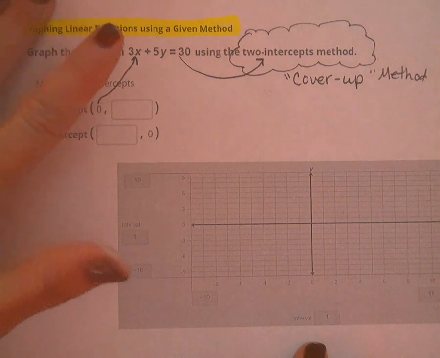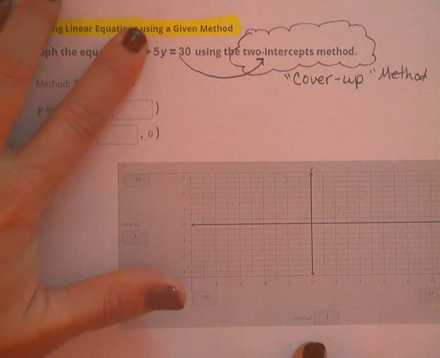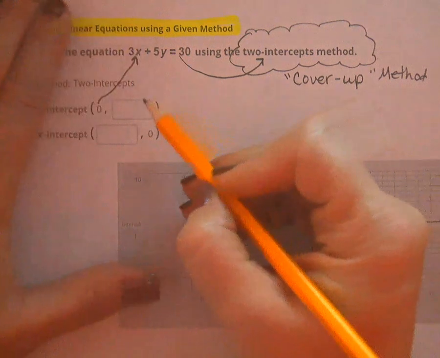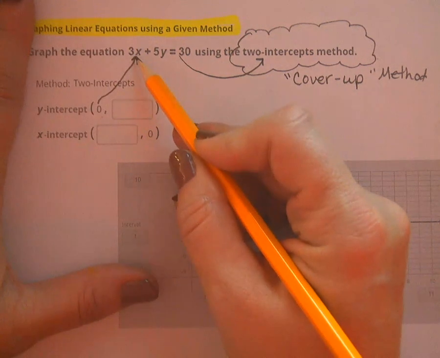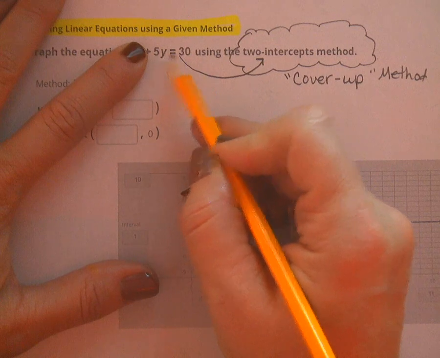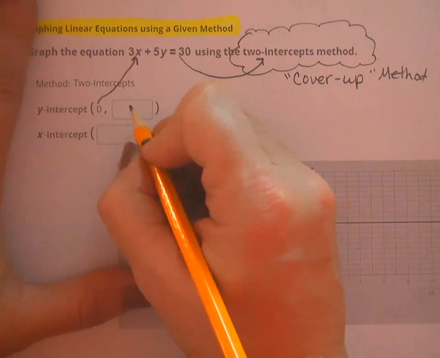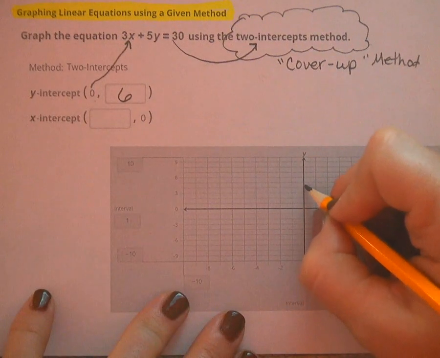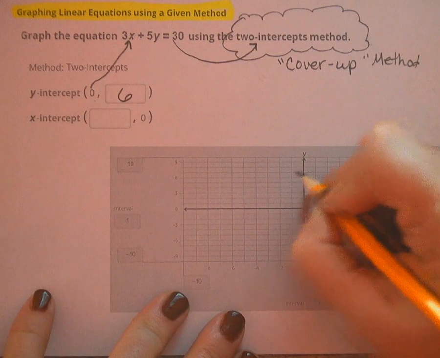So watch what happens. We cover it up. That 3x is out of the equation because we've just substituted 0 up here. So now we solve this for y. 5 times what is 30? And we just found the y-intercept. So let's go over here and graph it.